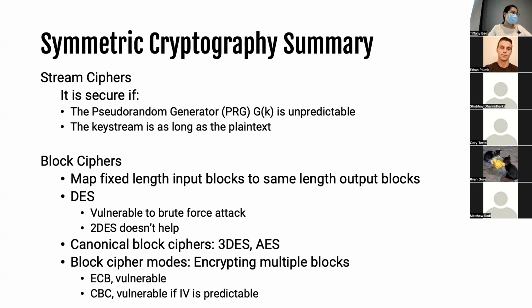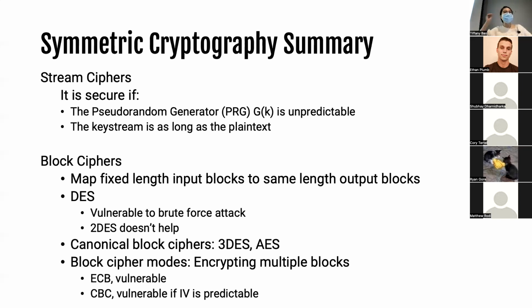That's the smart part of the Feistel network. But DES is known to be vulnerable to brute force attack, especially with a short 56-bit key. Given current computing power, it is very easy to break.